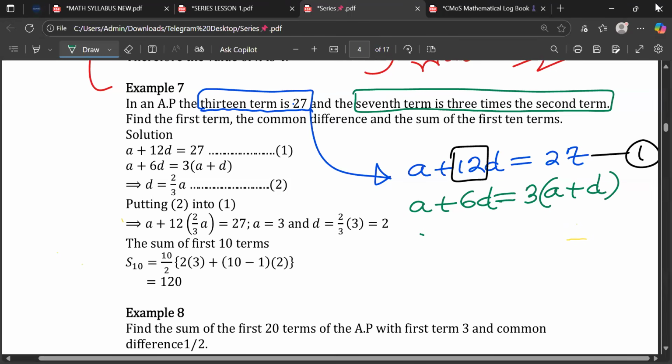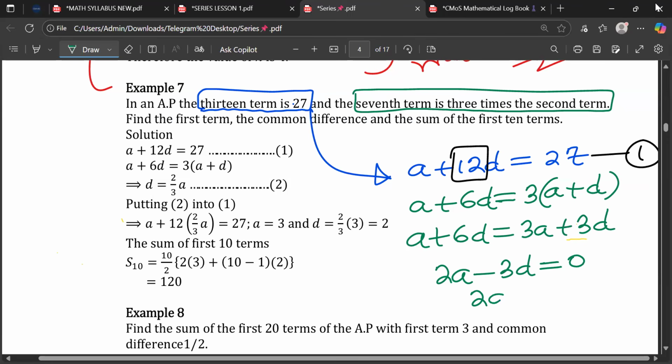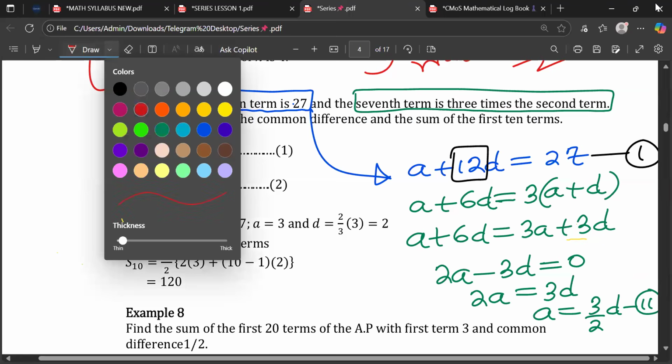Then when we simplify, this will be a plus 6d, and this will be 3a plus 3d. Then we shall come out with 2a minus 3d equaling 0, which when we simplify, we can even get the value of a as 3 over 2 d, which you can call equation 2. I don't know if people realize that this is where series stops.